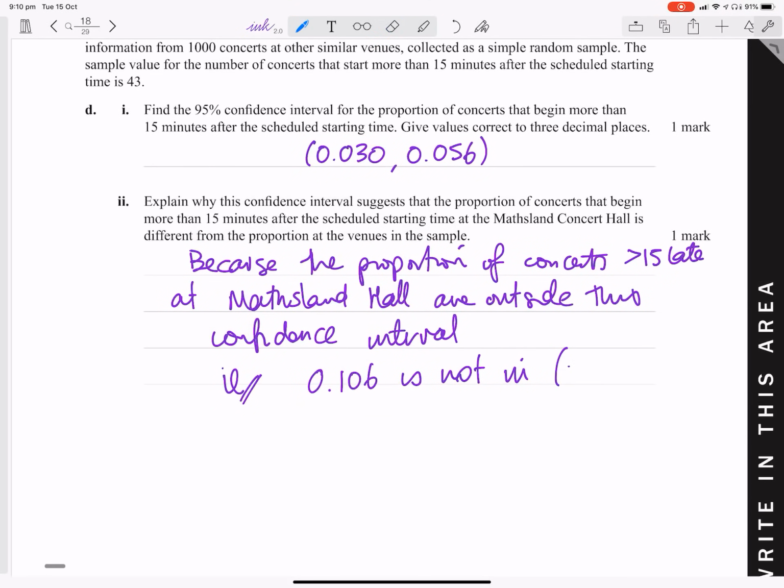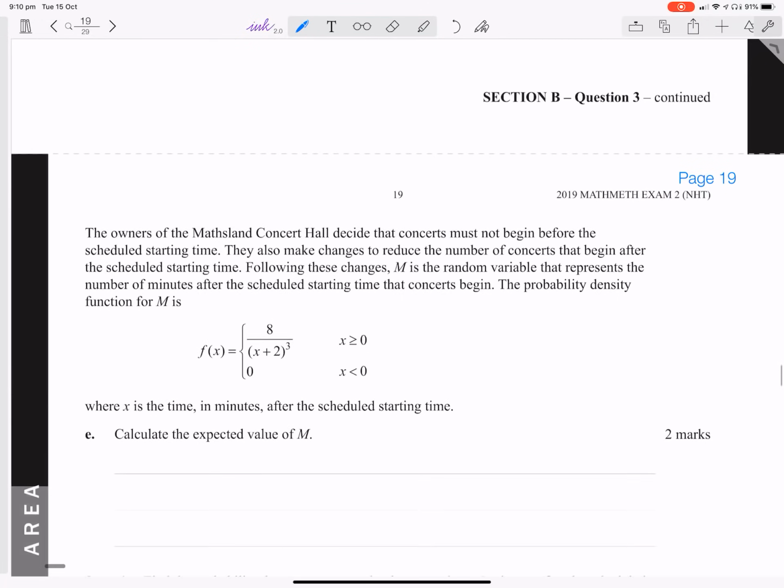This is a bit of a stupid question. So because it's not in that, the confidence interval suggests that the proportion of concerts that begin more than 15 minutes after the scheduled starting time at Massland Concert Hall is different from the proportion at the venues in the sample, because that is not contained in there. Don't know what they want you to write.